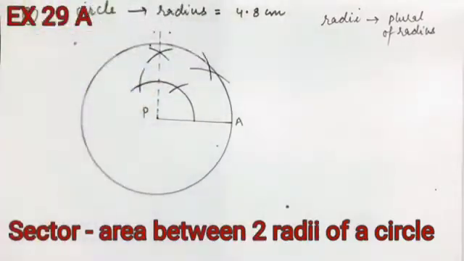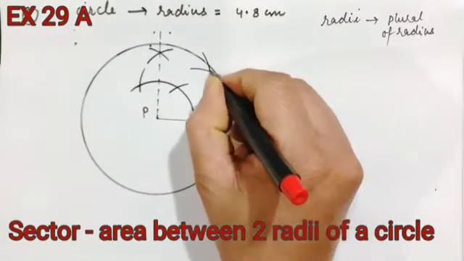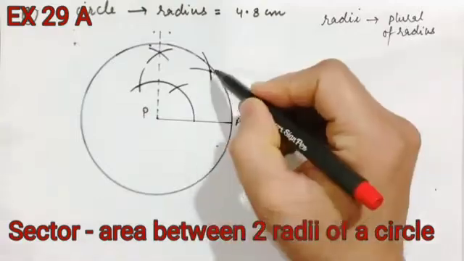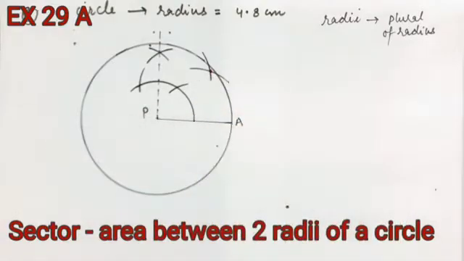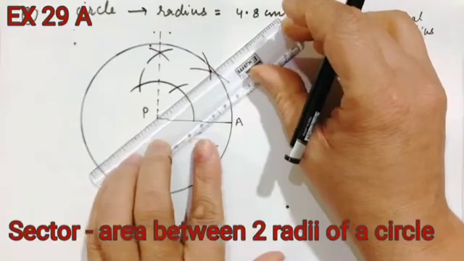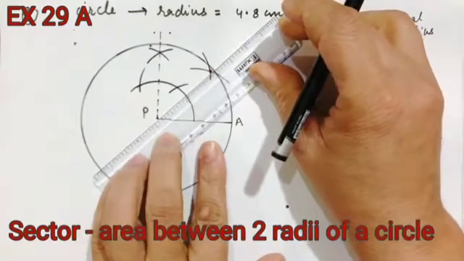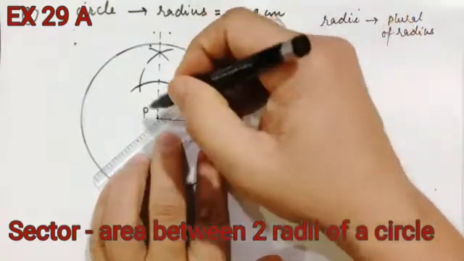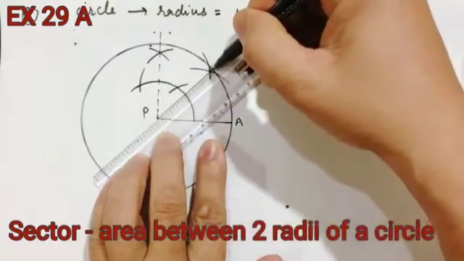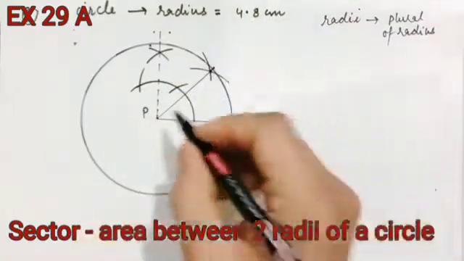Oh my god, where did I get the point? The point I found is here, this one. I will join this point with P.